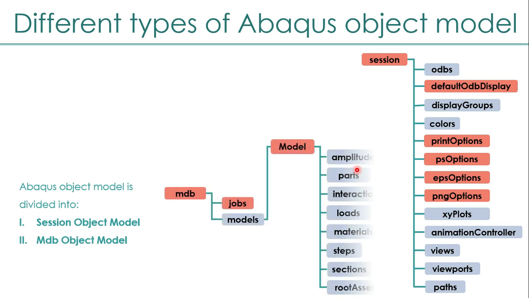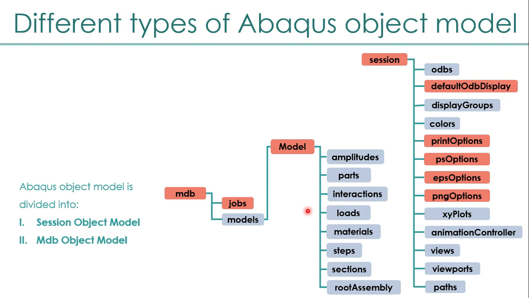Next we have the model database object model. From the name itself you can say that this is related to the model. Whenever we create a model in Abaqus using the modules that we have, like the part module, assembly module and all that stuff, then you are basically using this model database.